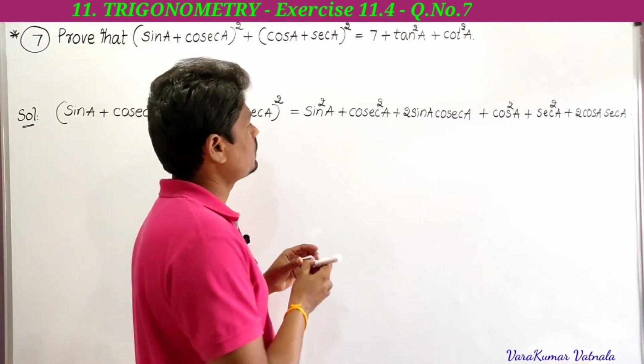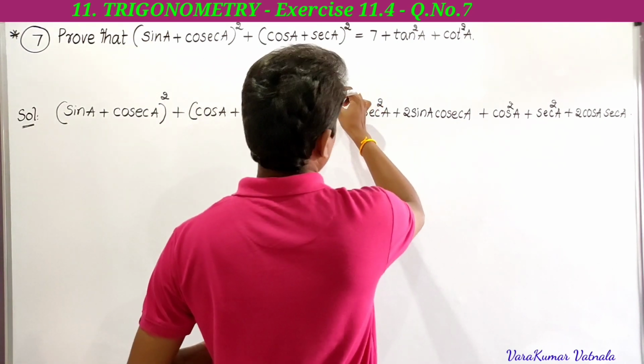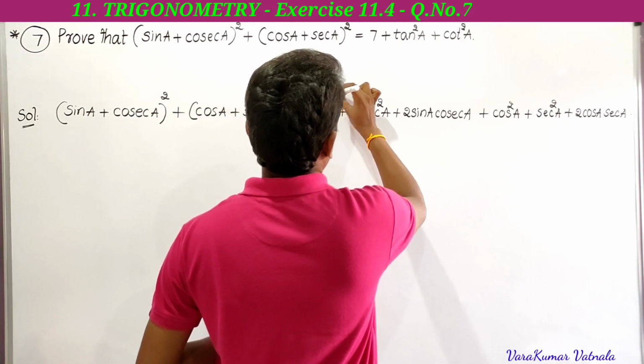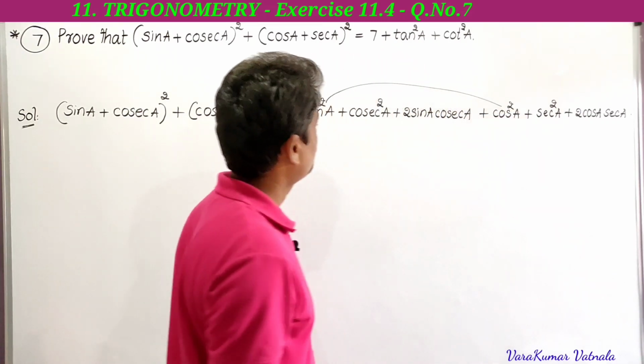So now what we have to do is, see here, just write this sin square A plus cos square A together. So I want to write these two together.